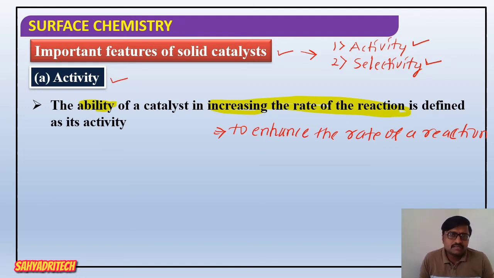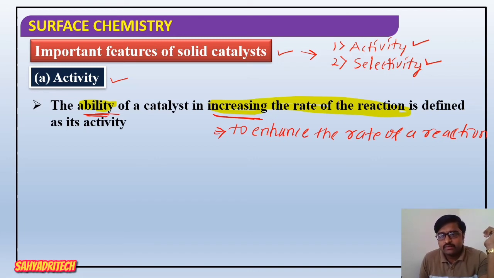Some catalysts, their activity is very high, and some other catalysts, their activity is less. So here activity means the ability of a catalyst to increase the rate of a chemical reaction.